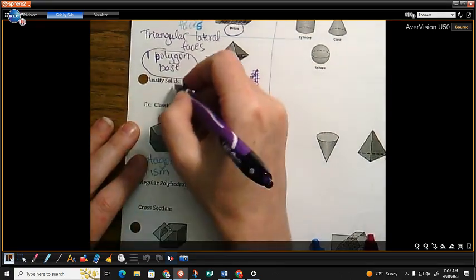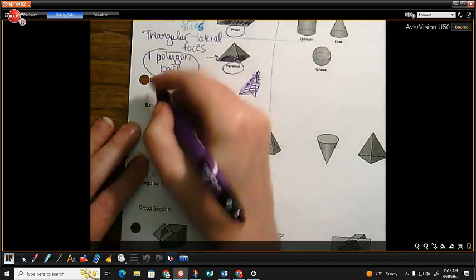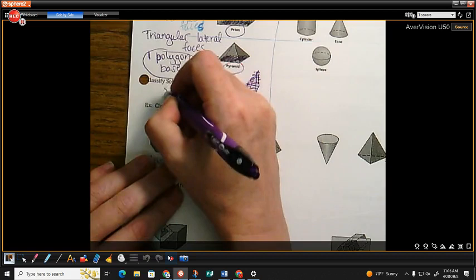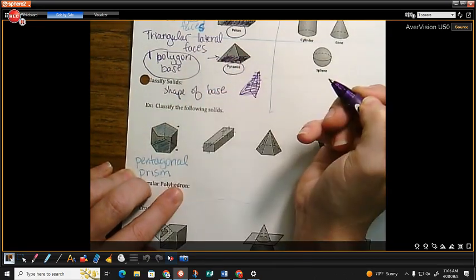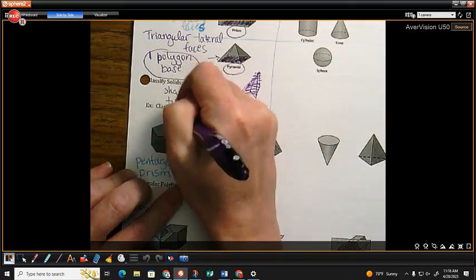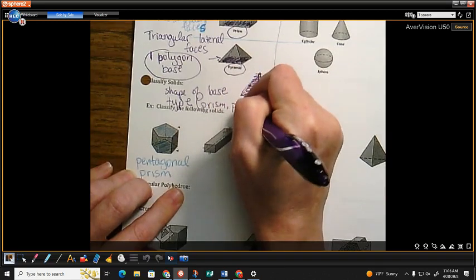So to classify it, that means to name it. You're going to figure out, by the shape of the base and what type it is, is it a prism? Is it a pyramid?